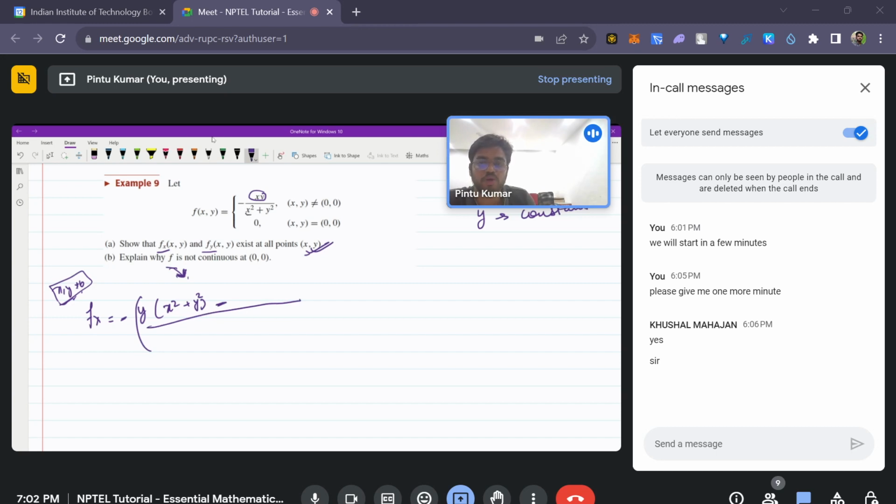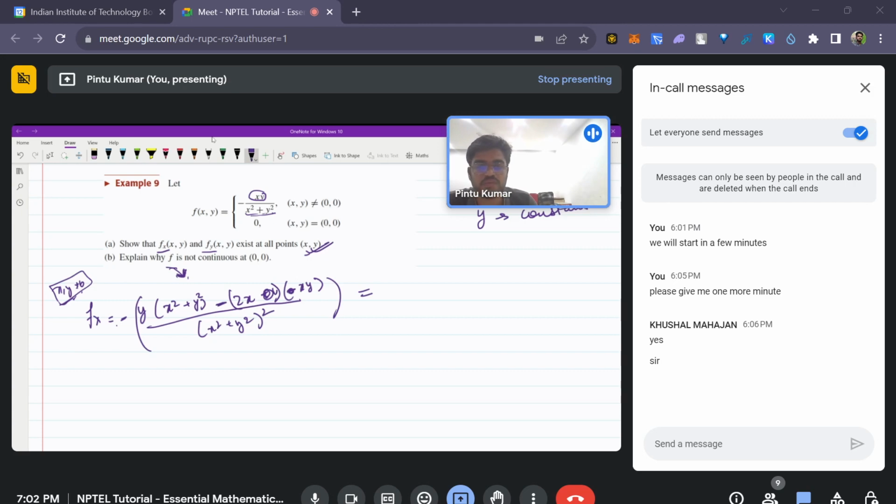So the derivative of the bottom part with respect to x is 2x, plus the y square becomes 0, so this is 2x into minus xy. We have already taken this minus sign here, so this is xy divided by x square plus y square whole square. Okay.